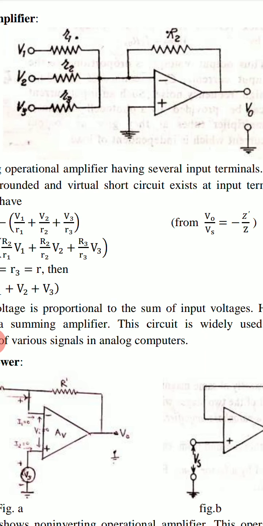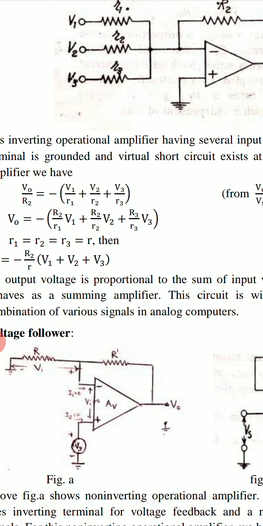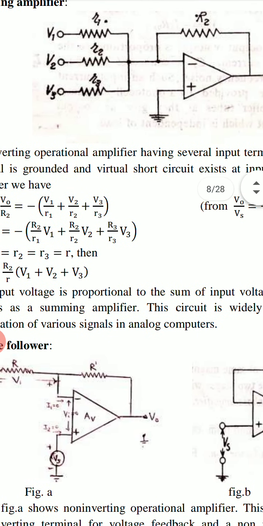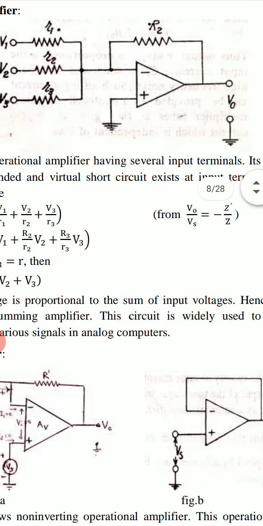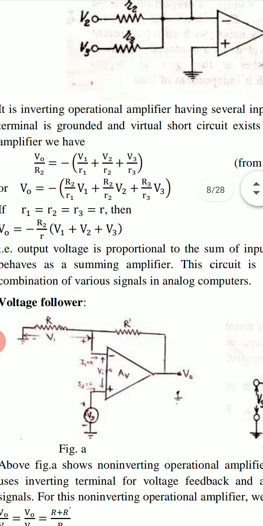So in this case, feedback of output voltage is applied to the inverting terminal through resistance R2.